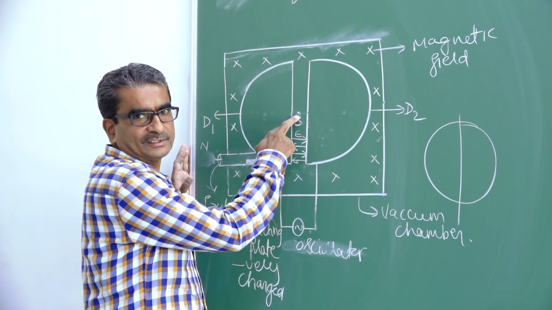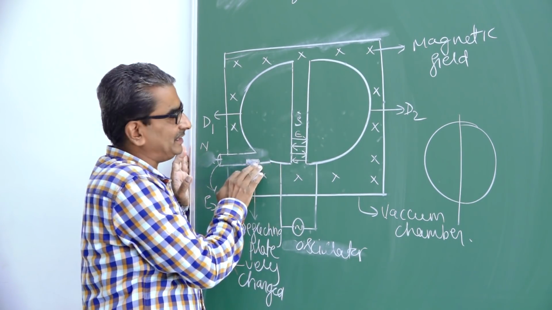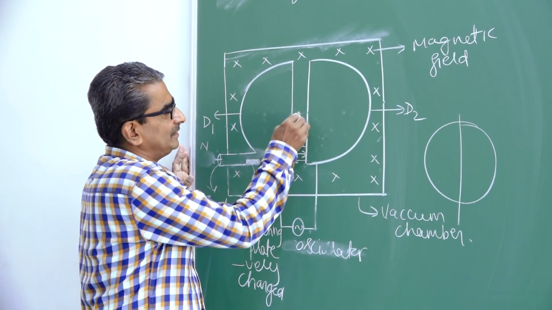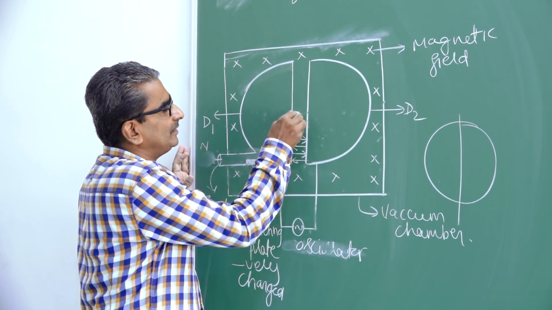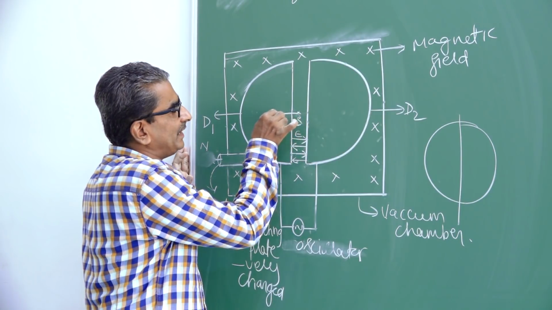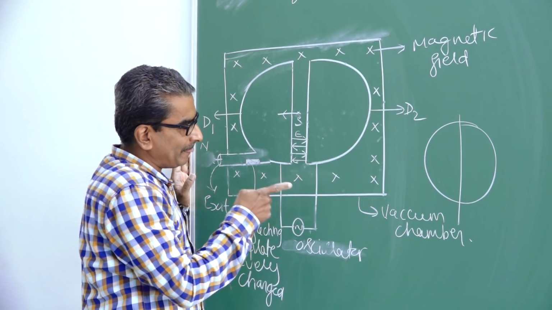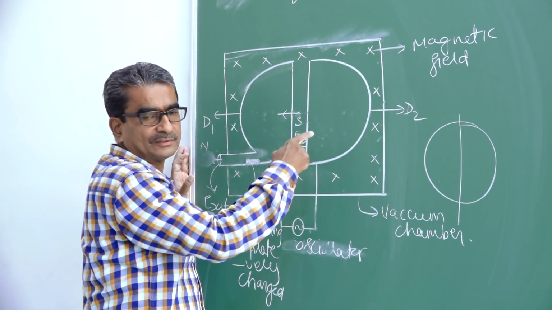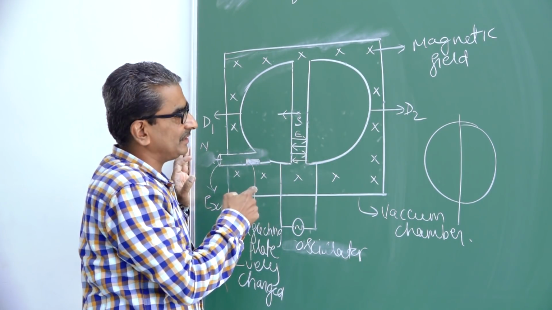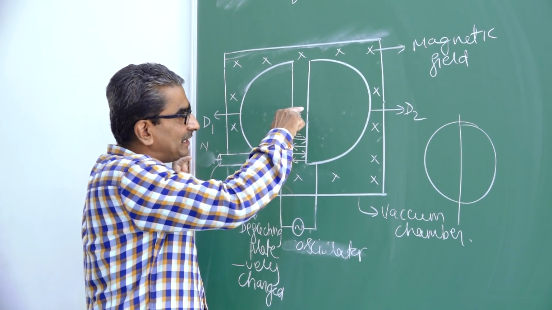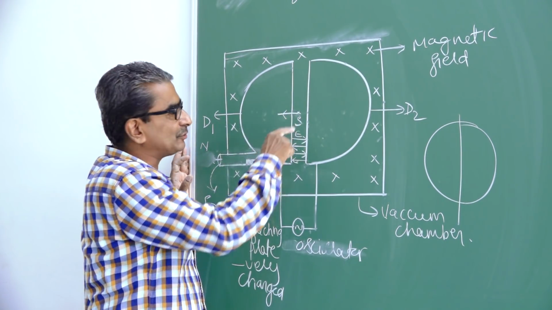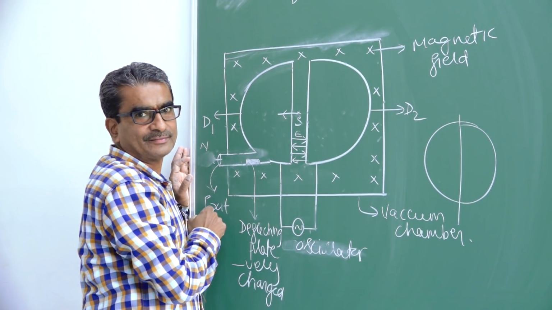Now this source starts emitting the ion, positively charged ion. When this ion enters like this, remember the magnetic field, what does it actually do in this case? It is going to deviate the charged particle. It is going to deflect the charged particle.